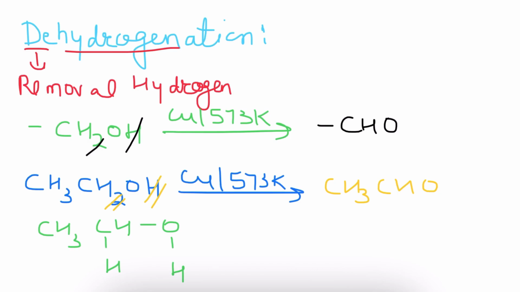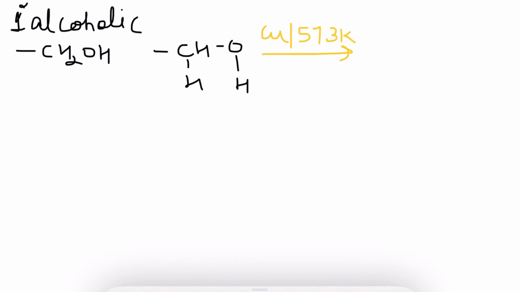For better understanding, we can also write it like CHHOH. So these two hydrogens are removed. The primary alcoholic group functionality CH2OH, we can also write like CHHOH in order to show how the dehydrogenation takes place. So this part undergoes dehydrogenation in the presence of copper at 573 Kelvin.